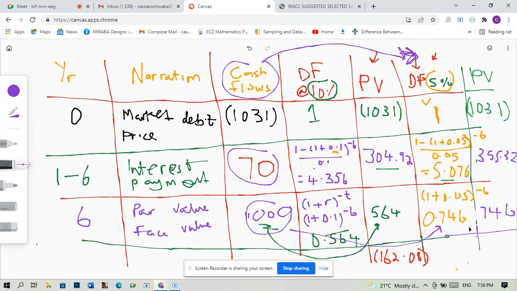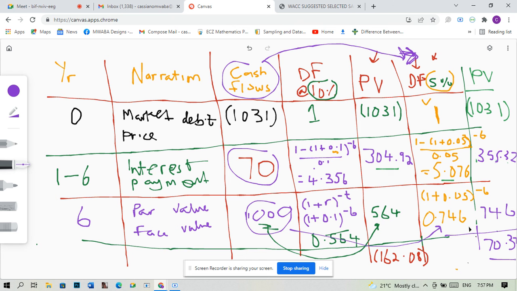So now we've got a positive net present value, 70.32. So to get your present values, it's cash flow times discount factor. So we found now a positive net present value.